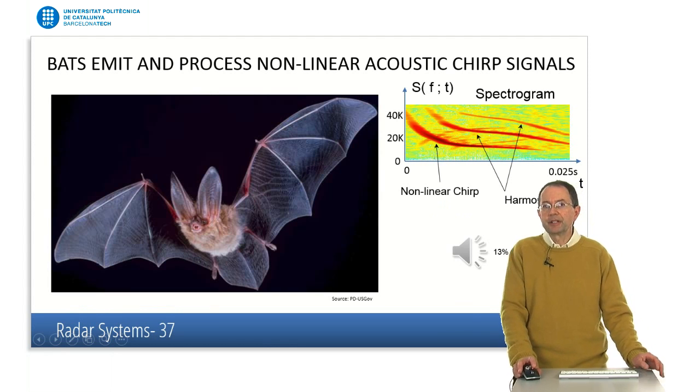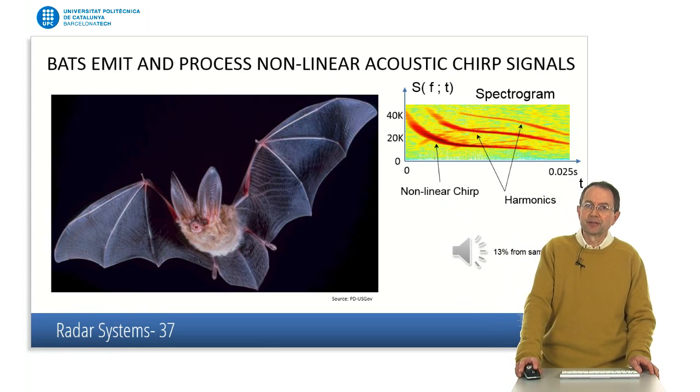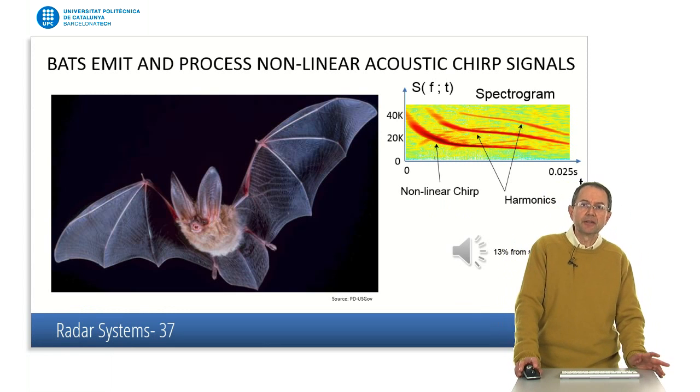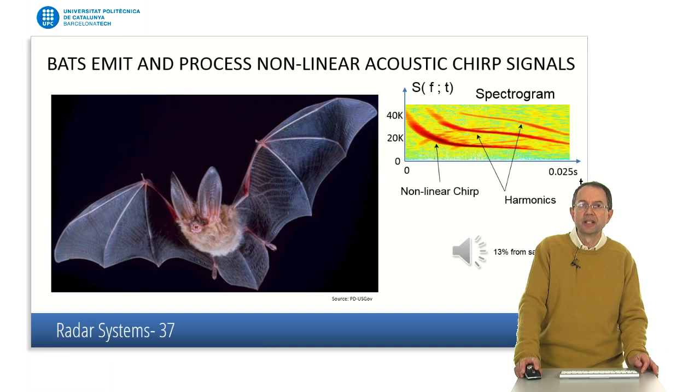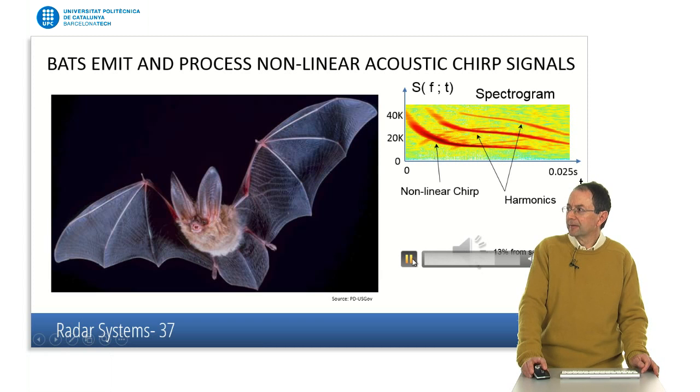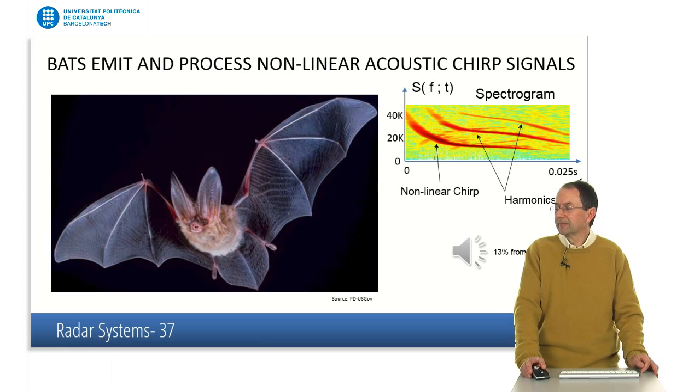Actually, radar engineers did not invent chirp signals. Nature did. Bats emit and process acoustic chirp signals, ultrasonic signals. You can hear an example here. These are ultrasonic acoustic chirps, and these chirps are non-linear, like the advanced radars use nowadays.